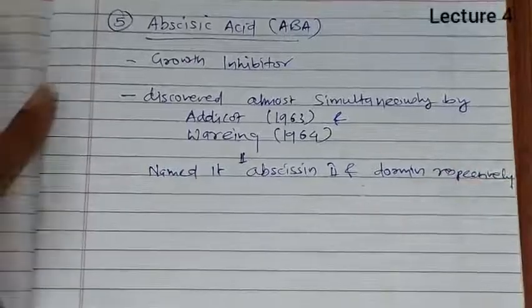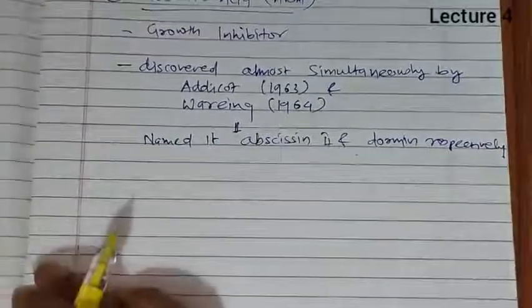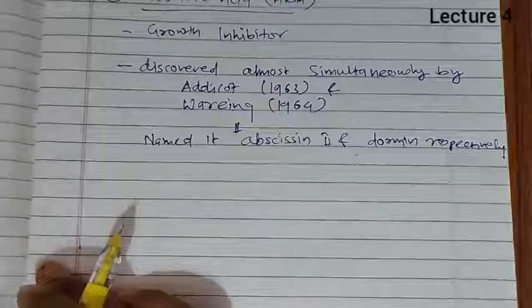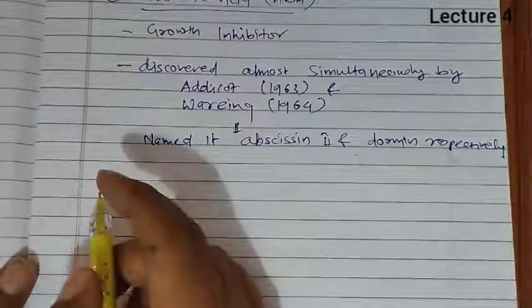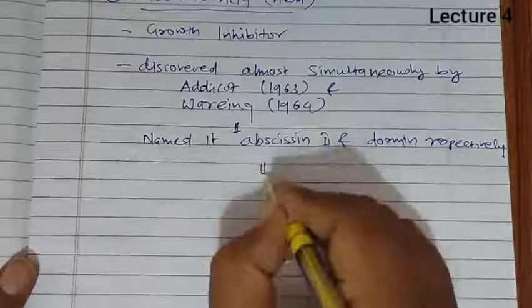So abscisin II was named by Addicott and dormin was named by Waring. Later on it was decided to call it abscisic acid.